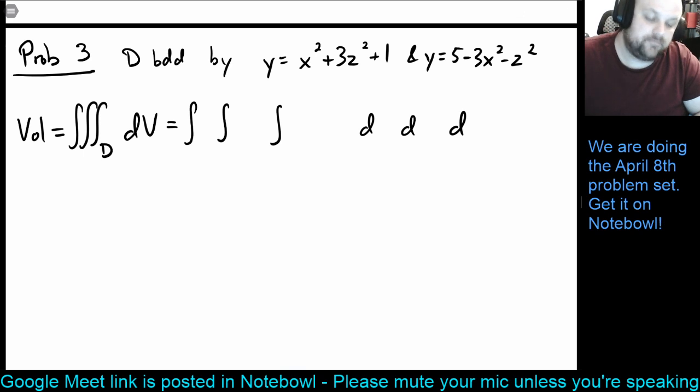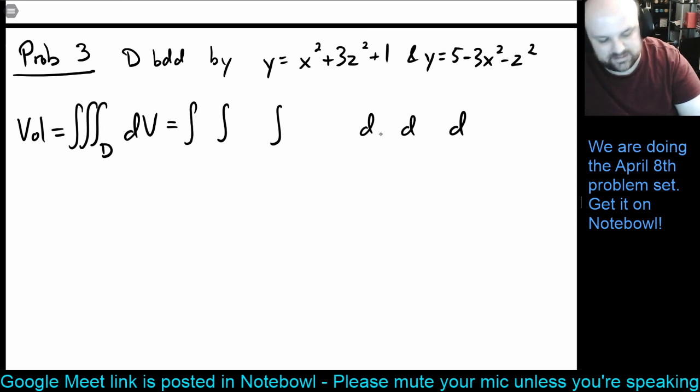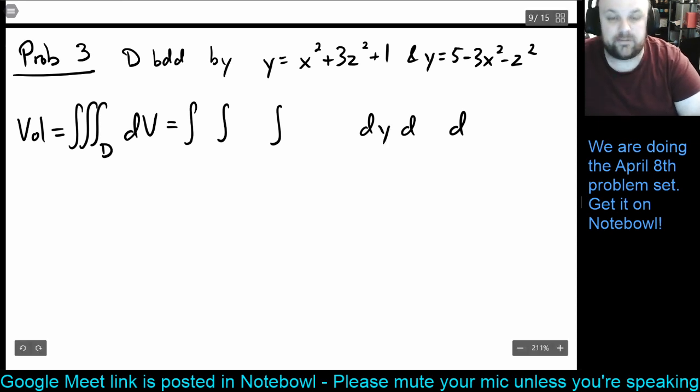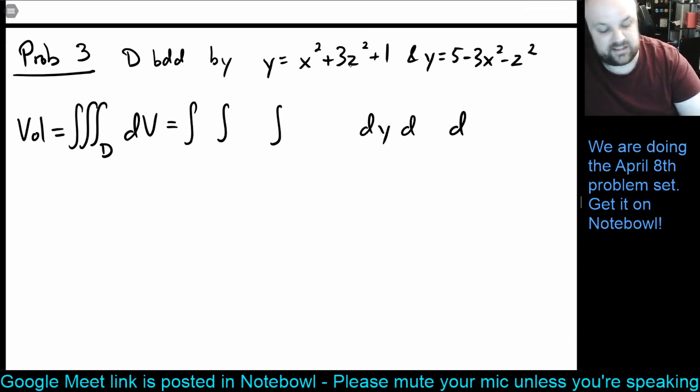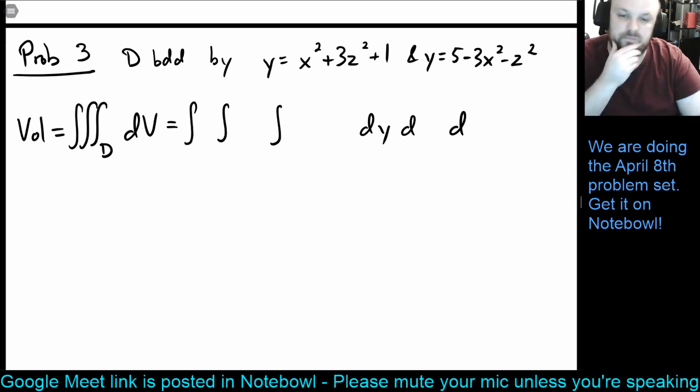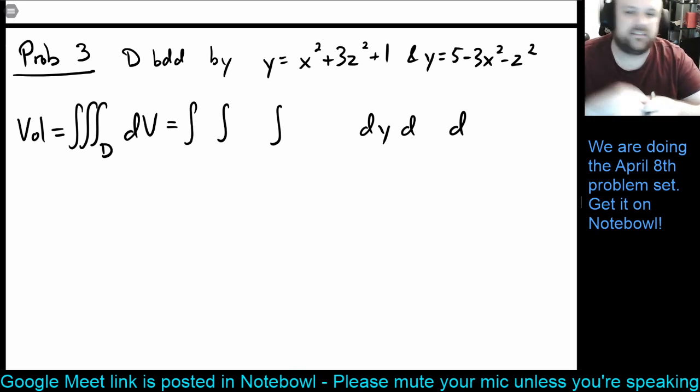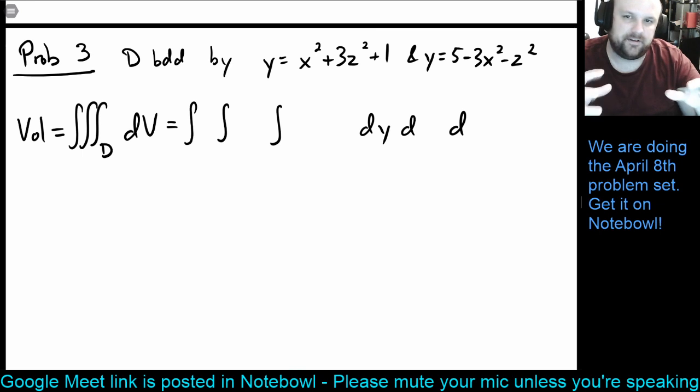So here, there's really only one variable you'd want to put first that's not going to be horrible, and that's y. The reason is that, if you remember what our shape looked like, the left edge is always the orange paraboloid, the right edge is always the blue paraboloid.